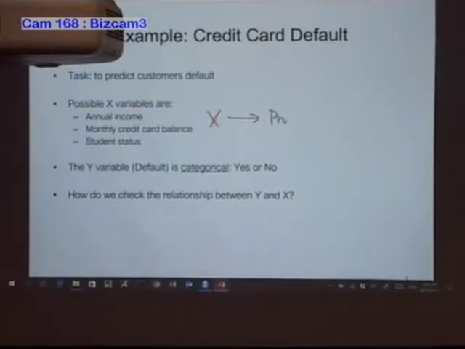The first step is the probability. We are not going to directly jump to a conclusion, like given this income, this balance, this student status, this guy is a bad guy. We don't do it that way. We have a middle step: maybe with probability 0.65, he's going to return the money. That's a probability. And then we go from probability to the categories. So we split that into two different tasks, and we'll do the first one here.